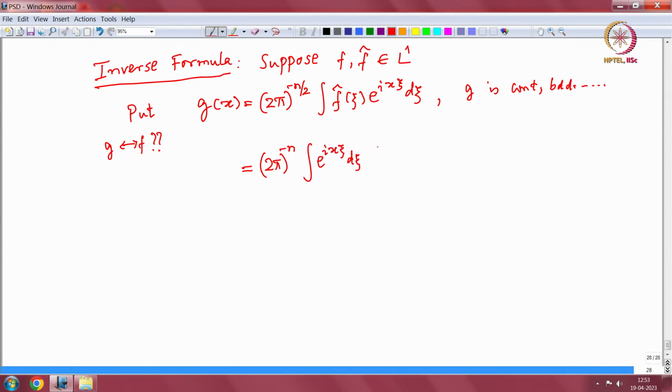There is already an x, so let me use some other variable here. So, e to the i x dot j, times the integral of f of y, e to the minus i y dot j dy.